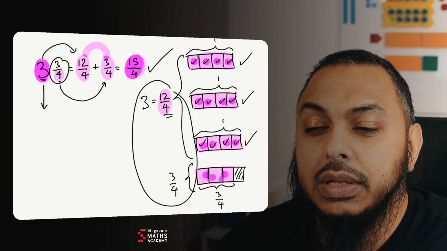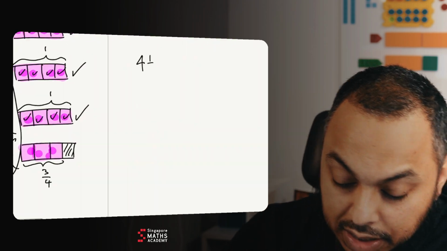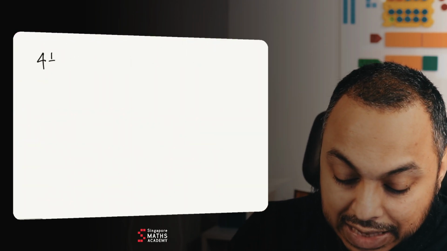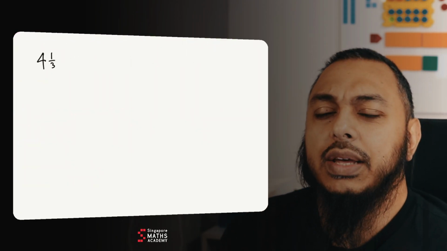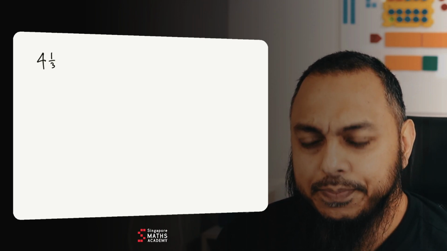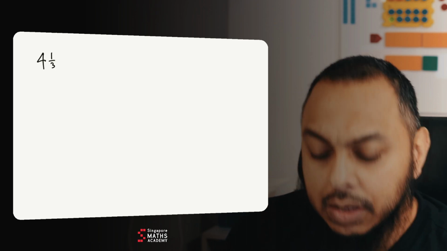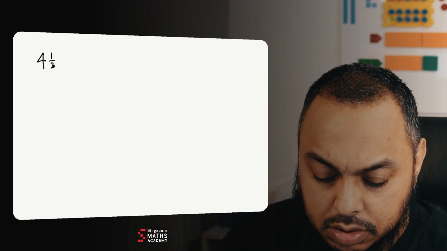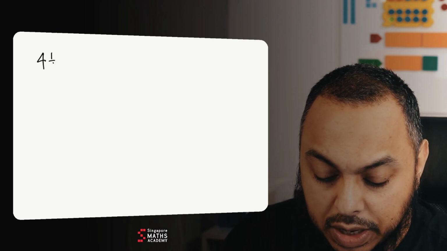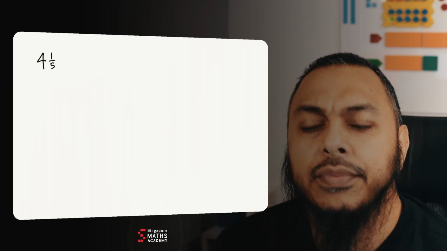Okay, so let's have a look at the next question. Let's say this is 4 1/3. How do I change this into an improper fraction? Well, actually, let me change the third to something else, right? 4 1/5. Does that change anything?